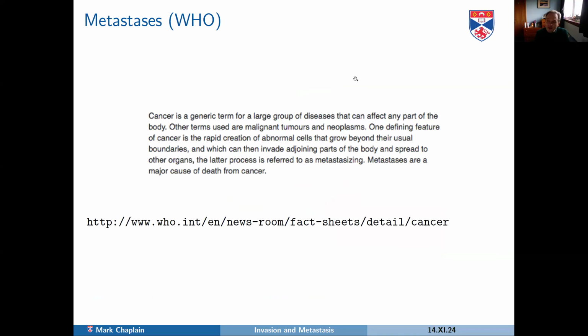And why I became interested in invasion and metastatic spread is really that metastasis refers to the secondary tumors, which are distinct in location from the primary tumors. You can see here a quote from the World Health Organization.